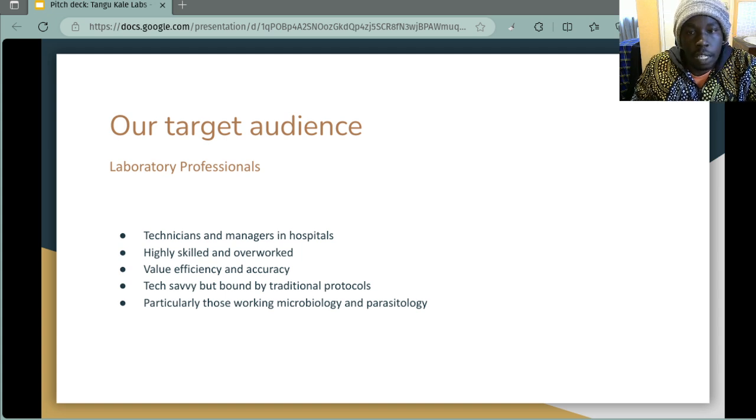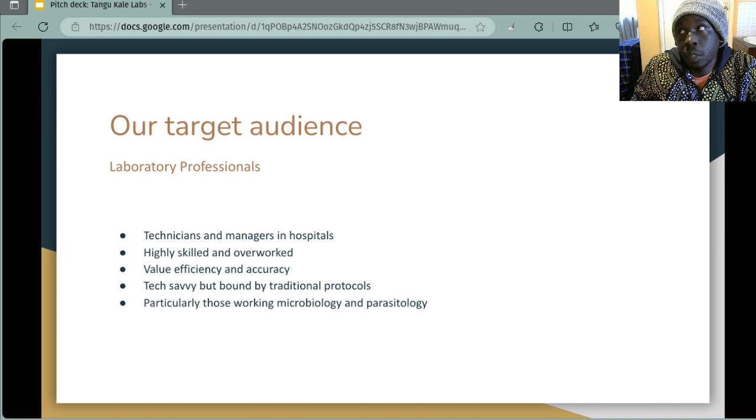So our target audience is laboratory professionals, and particularly technicians and managers in hospitals. We've realized this particular group of people is highly skilled, but for the most part they are overworked, and they usually value efficiency and accuracy in the processes that they normally go through day by day, and they are also tech savvy.